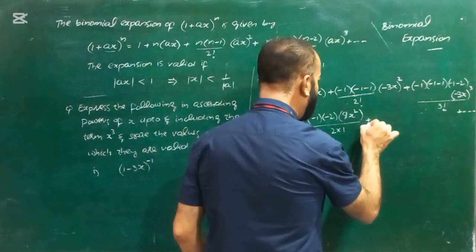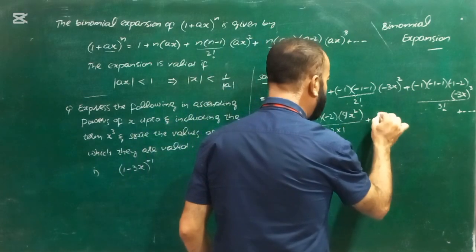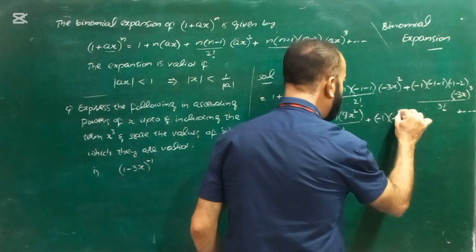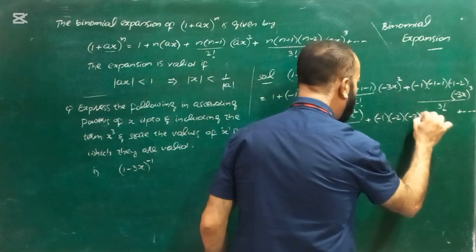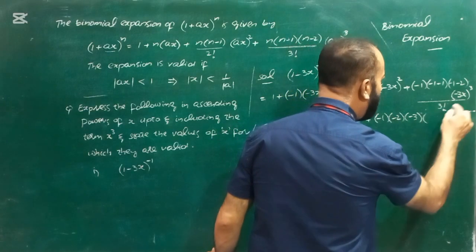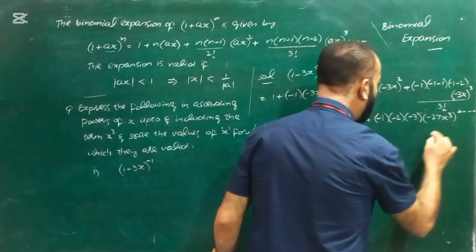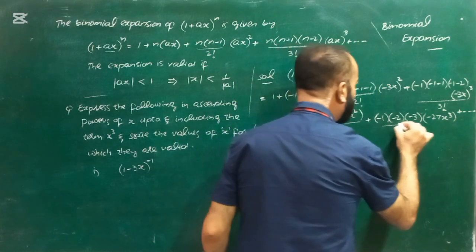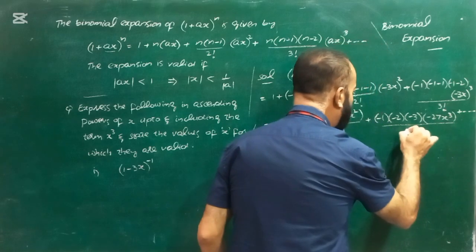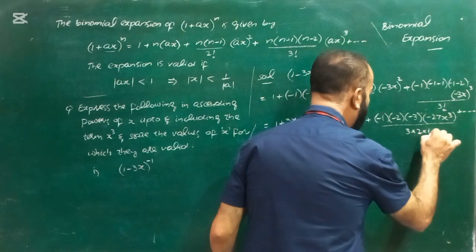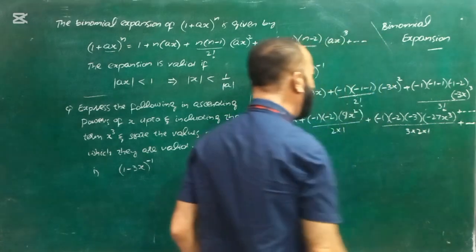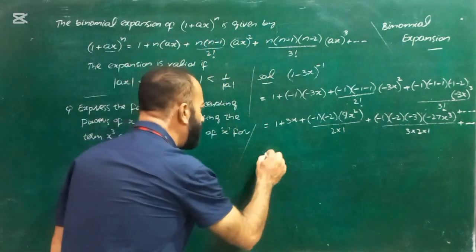Then (-1)(-2)(-3) into this becomes -27x cubed over 3 factorial, which stands for 3 into 2 into 1, and so on.